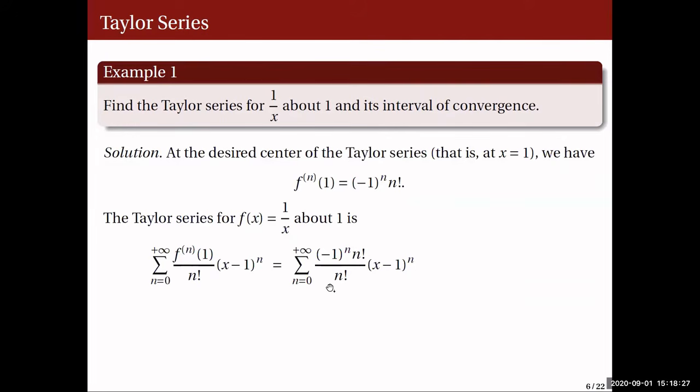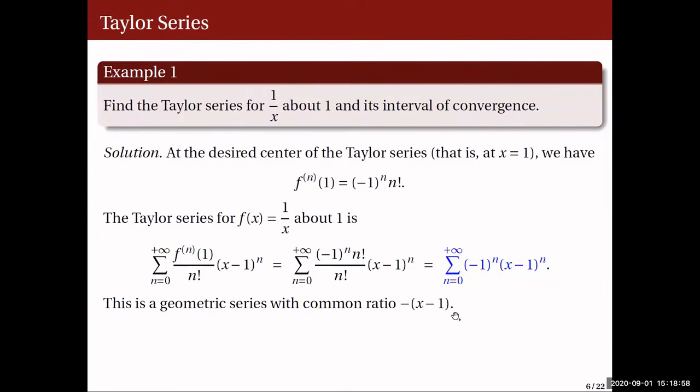Here we can cancel out the common factor n factorial, and so we have the summation from n equals 0 to positive infinity of negative 1 to the n times x minus 1 to the n, or you can write this as quantity negative of x minus 1 to the n, which we know follows a geometric series with common ratio negative of x minus 1. Recall that a geometric series is convergent if the absolute value of its common ratio is less than 1.